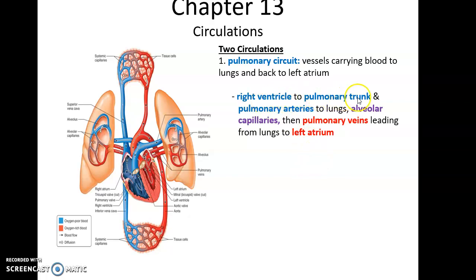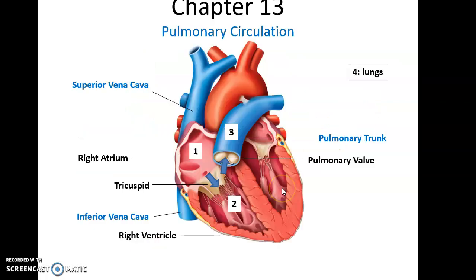So right ventricle to pulmonary trunk and pulmonary arteries to lungs, alveolar capillaries within the lungs allow for the exchange, then pulmonary veins back to the left atrium.